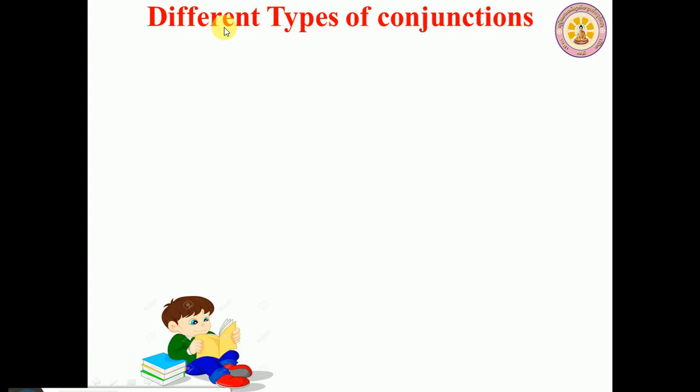Okay, different types of conjunction. How many types of conjunction are there? Let's learn together. The first kind of conjunction is coordinating conjunctions.